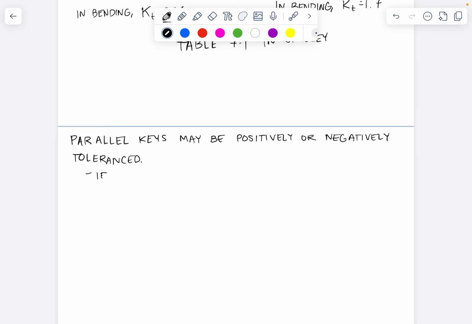If negatively toleranced, the key will never be larger than the nominal size.